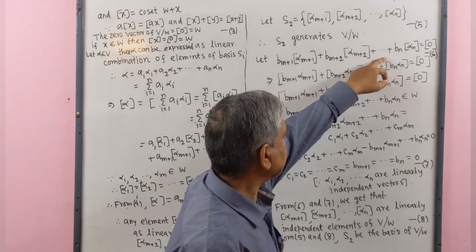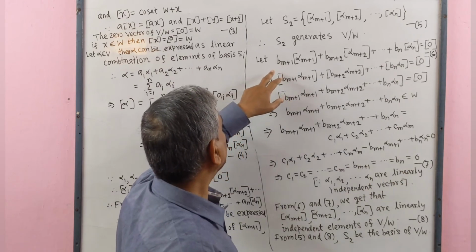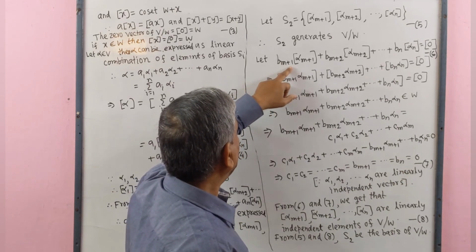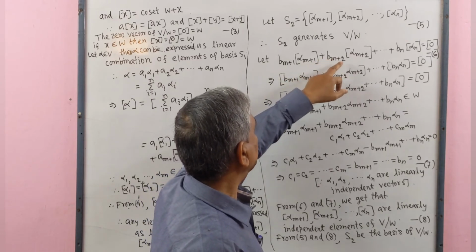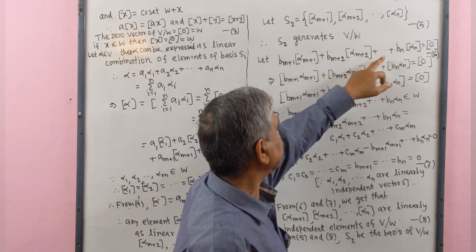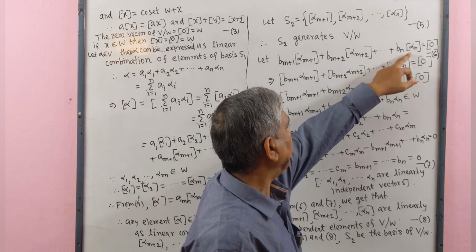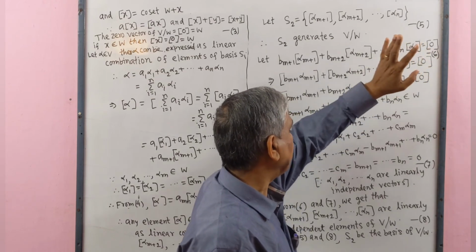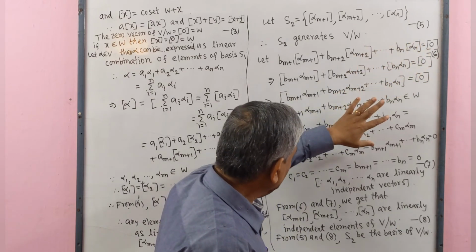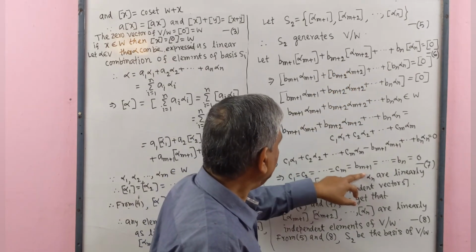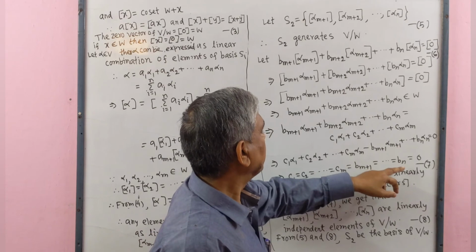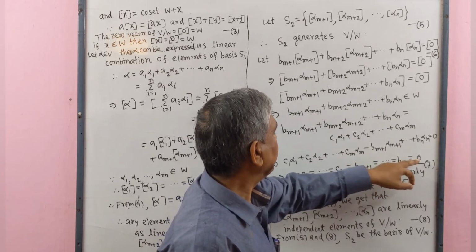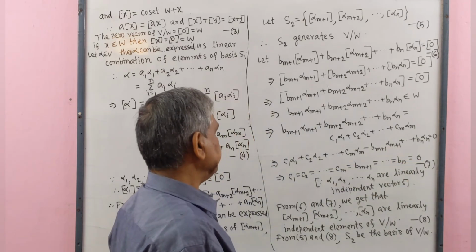Therefore, from 6 and 7, bm plus 1 class alpha m plus 1 plus bm plus 2 class alpha m plus 2 plus dot dot bn class alpha n equal to 0 class implies that bm plus 1 equals 0, bm plus 2 equals 0, dot dot dot bn equals 0.